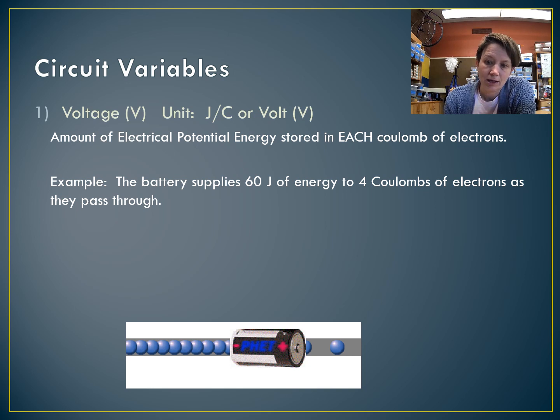The battery, being the energy source in this picture, provides energy to those electrons by pumping them into a state where they are closely packed or located close to each other.